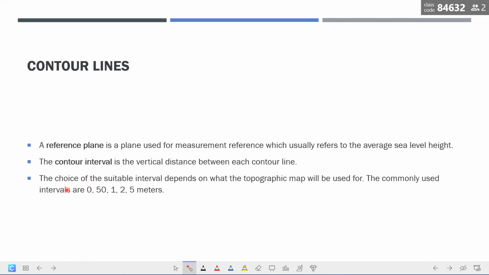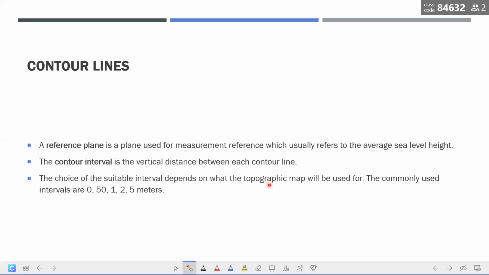Now, the choice of suitable intervals really depends on what your topographic map will be used for, what you will be developing, and the level of detail that you need.